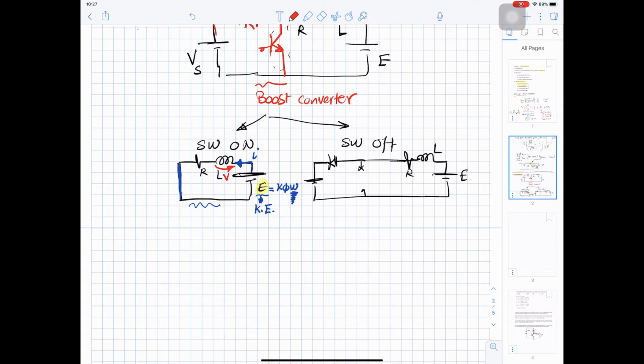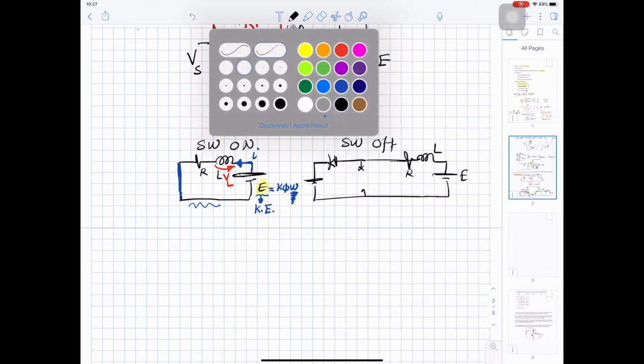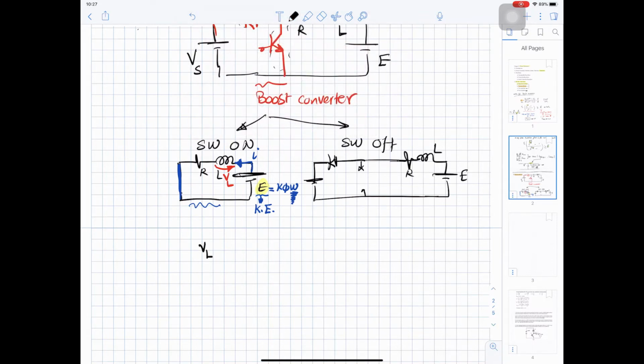The voltage across the inductor will be in opposite direction to I. So the voltage across the inductor, V inductor, is L di by dt. So you can control how much voltage you have across the inductor by controlling di by dt, and you can control di by dt by controlling the switching.